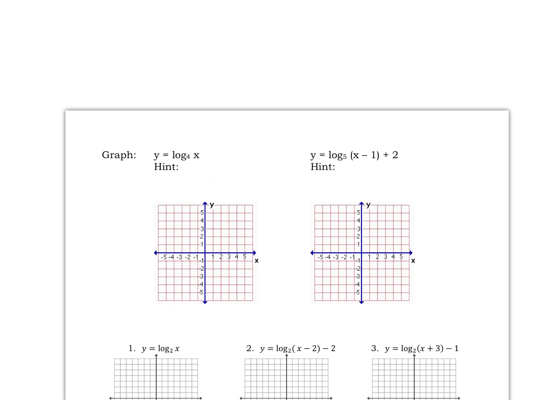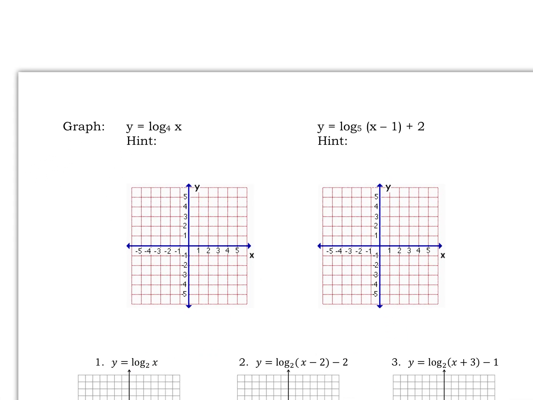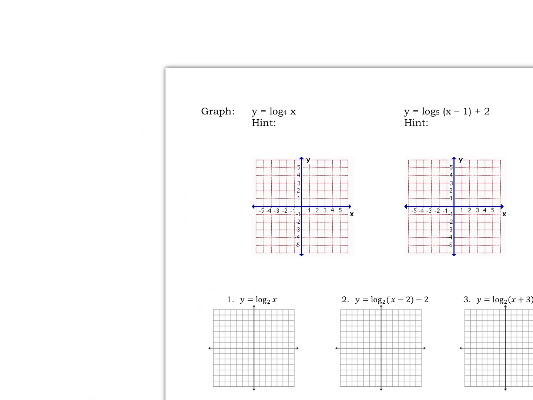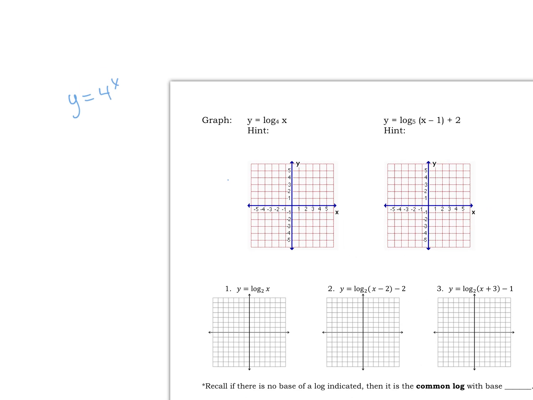First step though, let's look at these. These first two, notice the base is base 4 on the left, base 5 on the right. We've got some other stuff to deal with there. So first step is we need to come up with the table for, remember the inverse, so y equals 4 to the x.